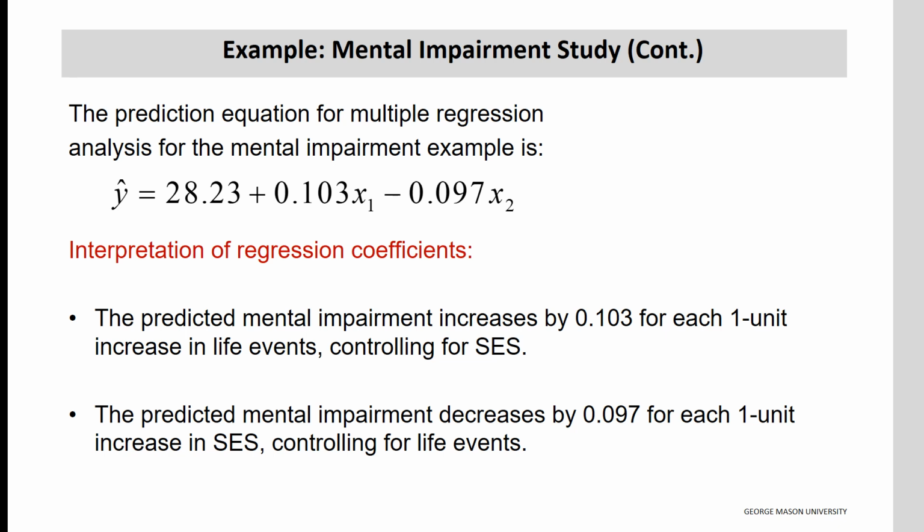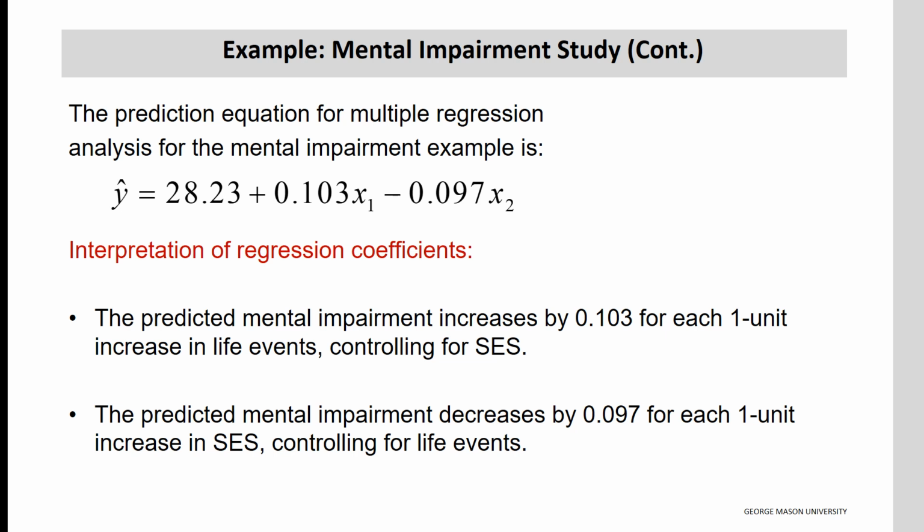Y hat, which is the outcome variable mental impairment, equals 28.23, which is our intercept, plus 0.103 x1. 0.103 is the slope associated with the independent variable life events, minus 0.097 x2. 0.097 is the slope associated with the independent variable SES. SES stands for socioeconomic status.